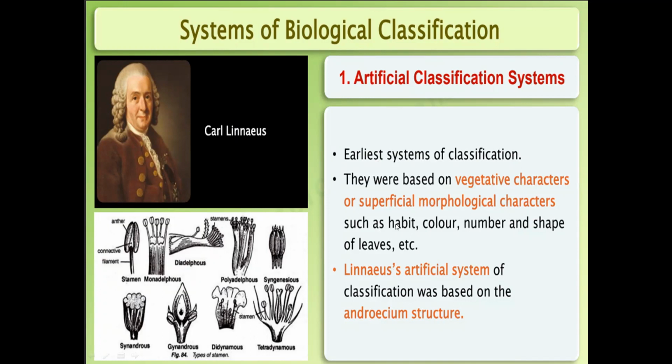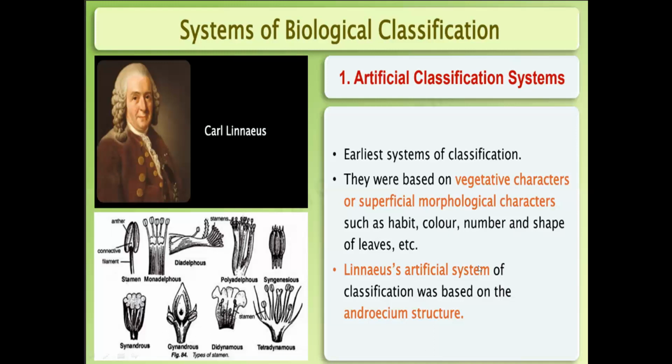Can you tell some habitats of plants? Habitat means the different places where you can find plants: moist soil, flooded or dry areas like deserts, and then we have aquatic plants. Based on that they used to classify. Then habit, color, number and shape of leaves, and so on.